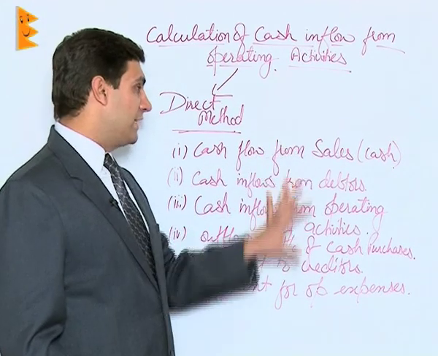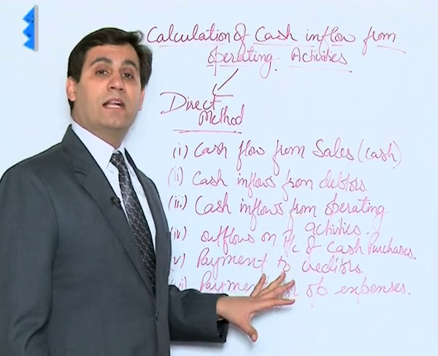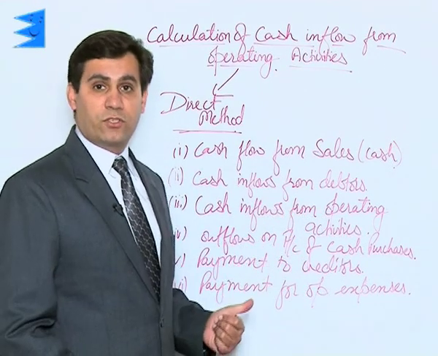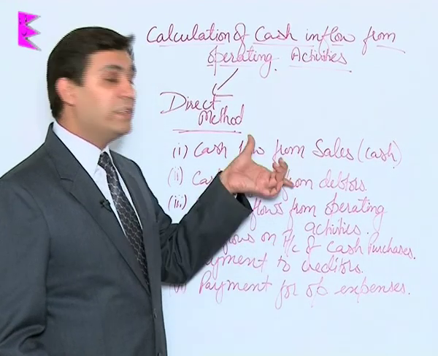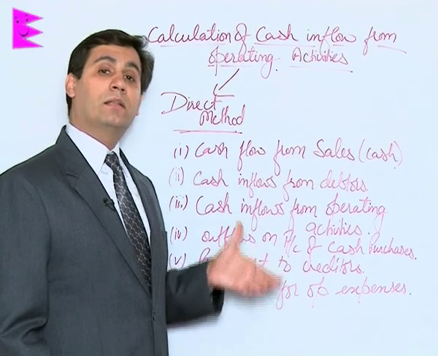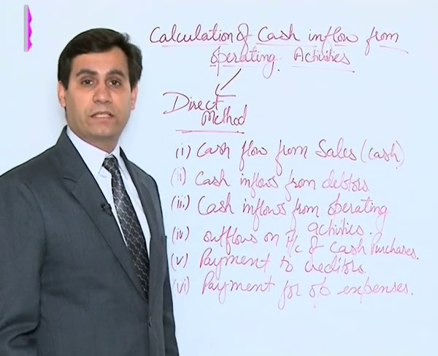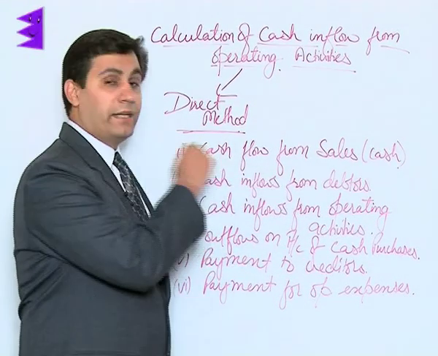So students, all these activities are directly resulting in inflow or outflow of cash. Adjusting the outflows out of the inflows, we will get net cash generated from operating activities by direct method.